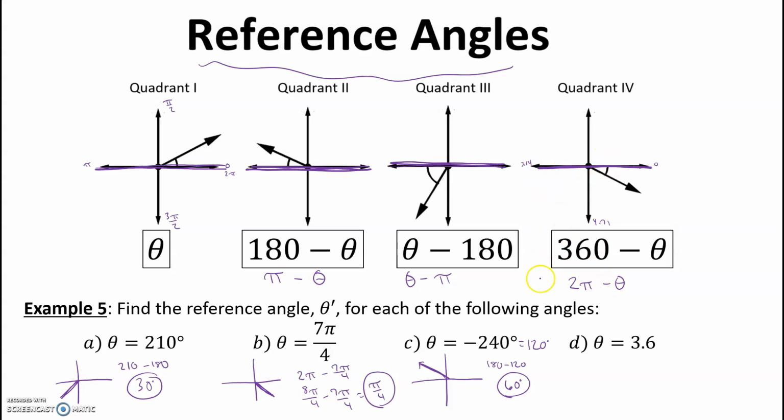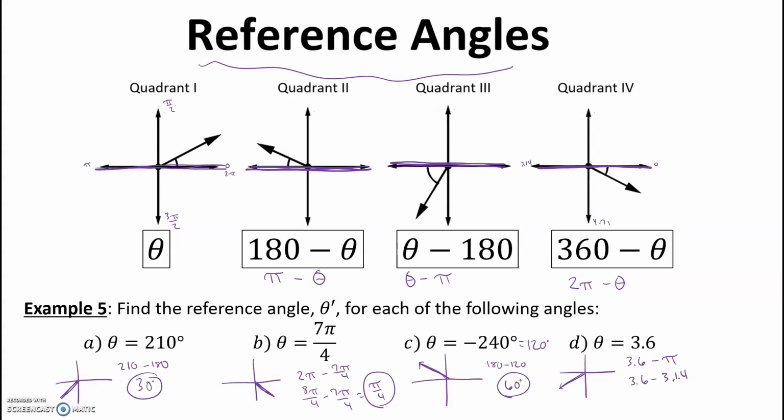Looks like we're in quadrant 3 with this one. So in quadrant 3, we're going to do our angle minus pi. So 3.6 minus pi. You can just type in your calculator 3.6 minus 3.14 or hit the pi button.